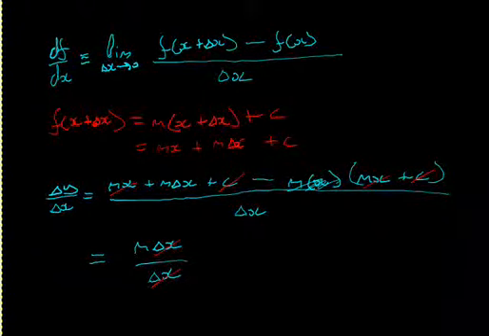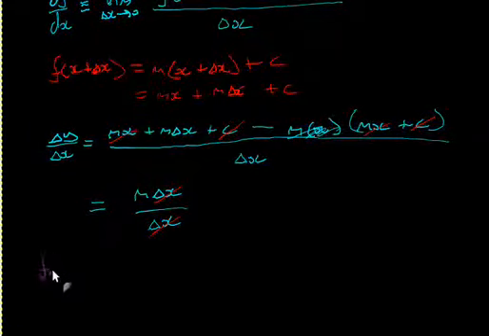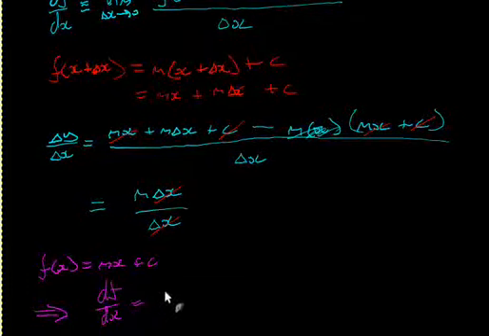We can see here that the mx and the c's cancel, so what we're actually left with is m delta x divided by delta x.